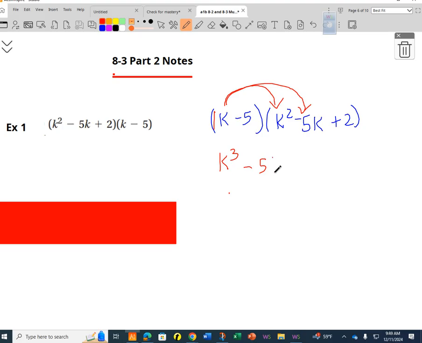K squared. Let me hear you say k squared. Or k to the second power. Either of those work. Now we've got k times 2. Now, number times number, so that's plus 2. I don't have anything to multiply that k by, so it just comes along for the ride. Everybody with me? All right, I'm going to slide that over.